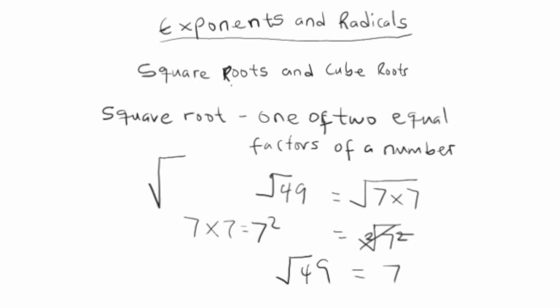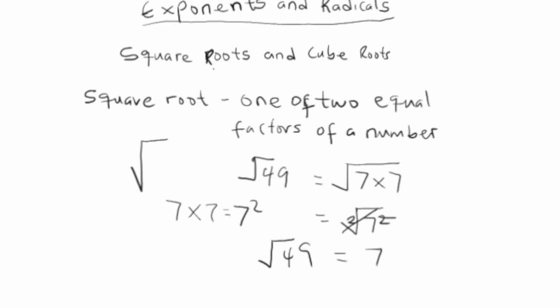If you talk of a perfect square, it is a number that can be expressed as the product of two equal factors. That's why we say perfect squares and square roots go hand in hand.